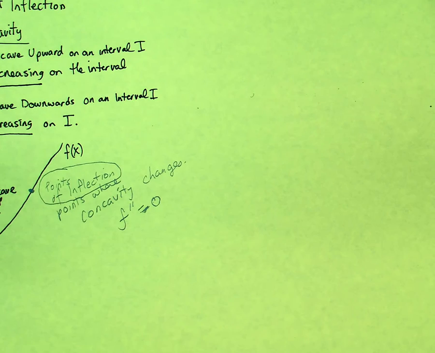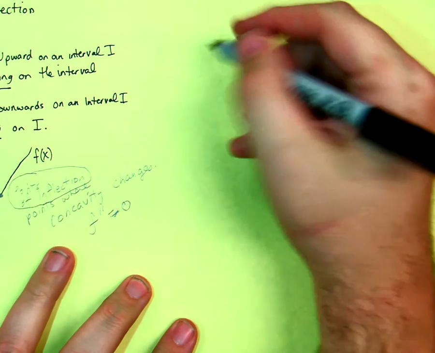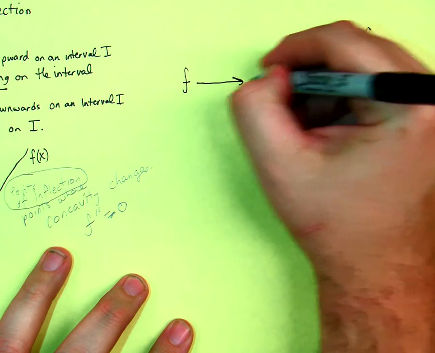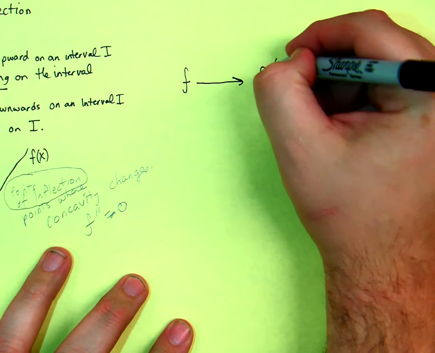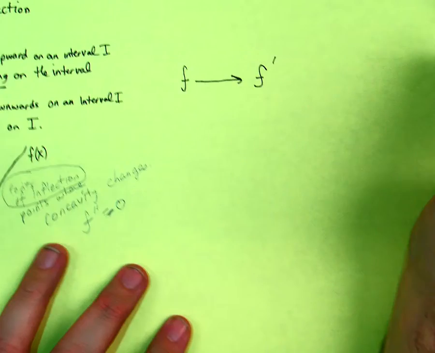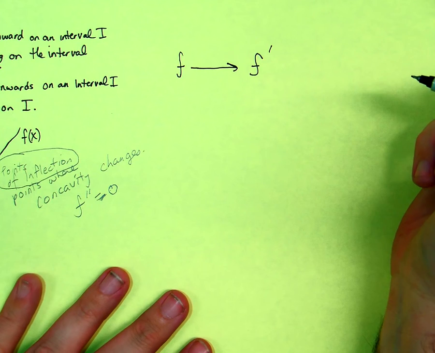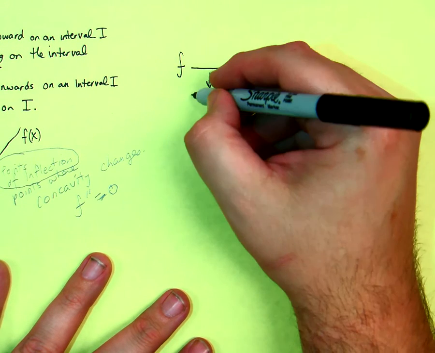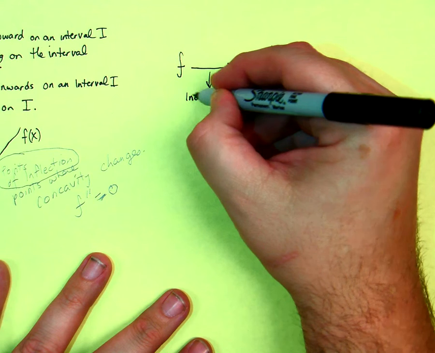Now, if you're just talking about f prime, or f and f prime, from here, we can figure out if f is increasing or decreasing.